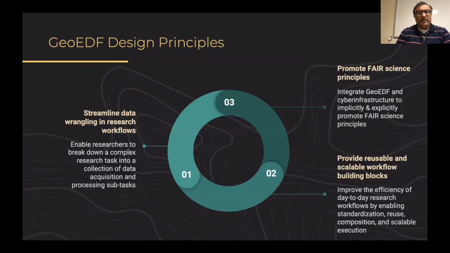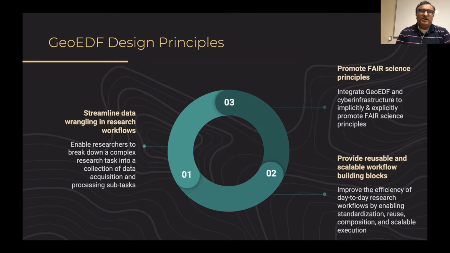So GeoEDF really has 3 key design principles, and this is what we use to operate and achieve the goals that I laid out in the beginning. Our first goal is to take a complex geospatial workflow and try and break it down into its constituent data access and processing steps.